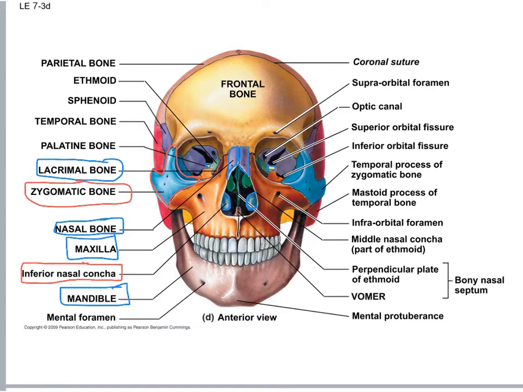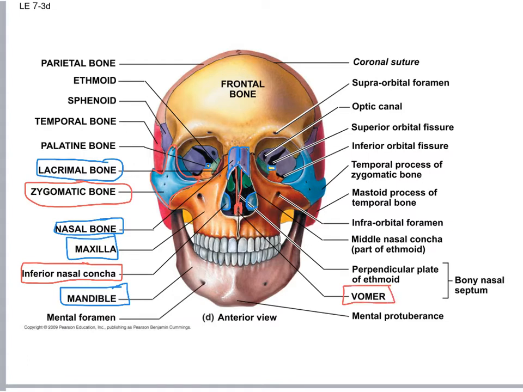And then if you look inside the nasal cavity again, I told you that you have this long perpendicular plate, but that doesn't go all the way down to divide your right and left nasal cavity. So you have this other small facial bone in here that's called the vomer.